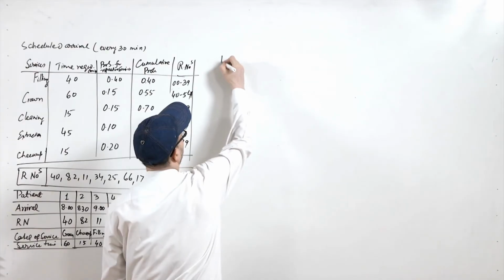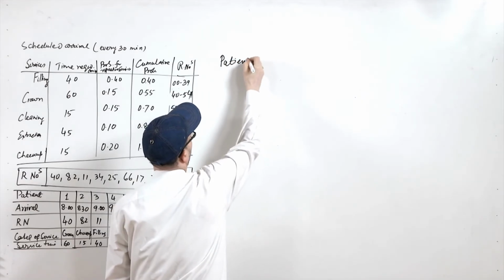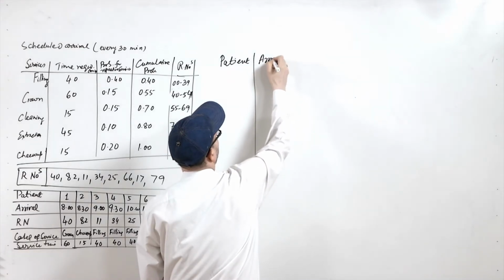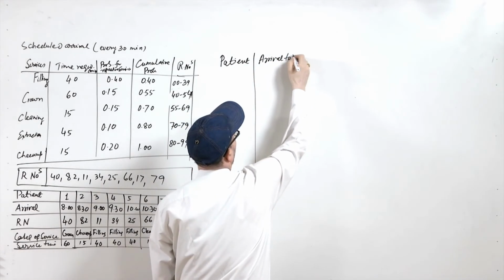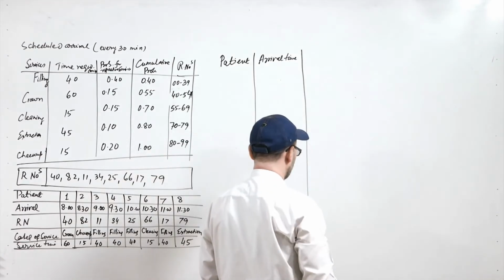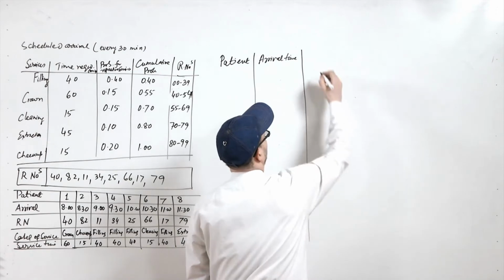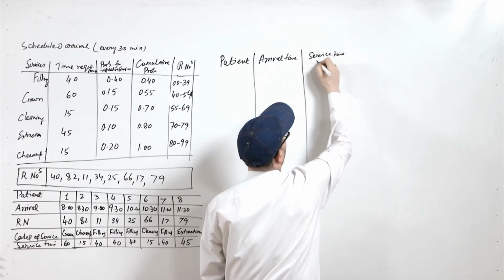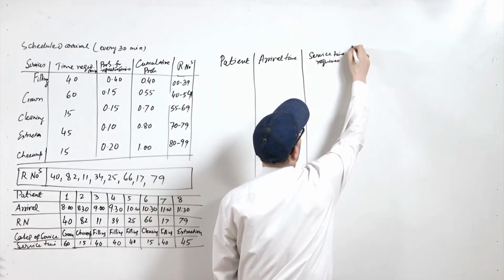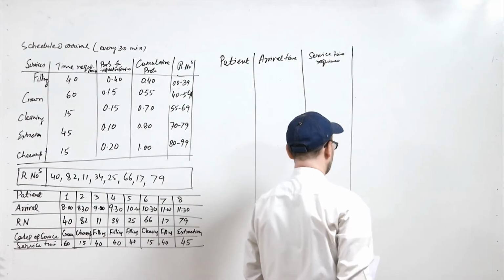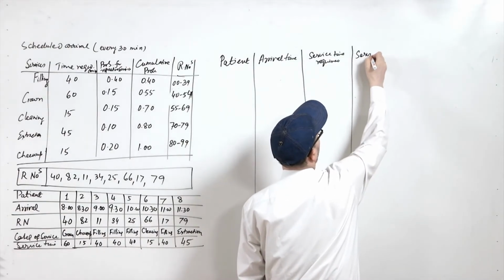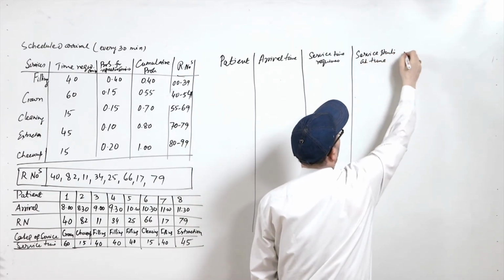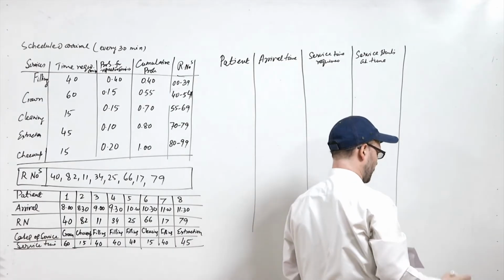It will have the patient, the arrival time of the patient, the service time required for the patient, the time the service starts, and then the waiting time.